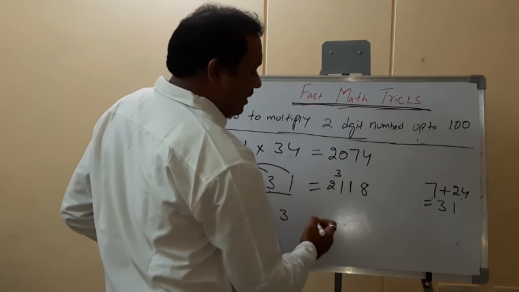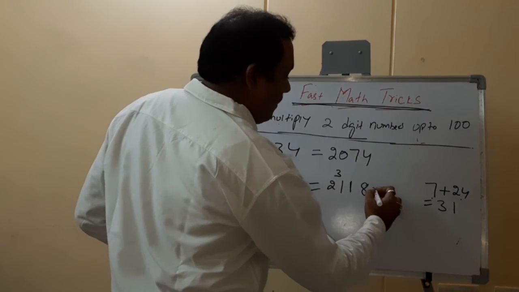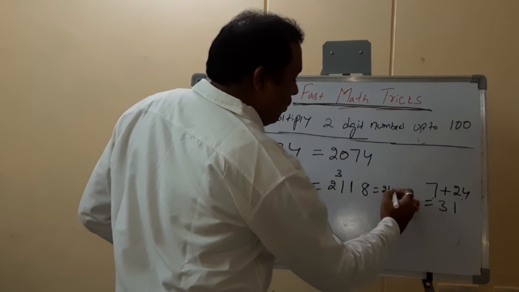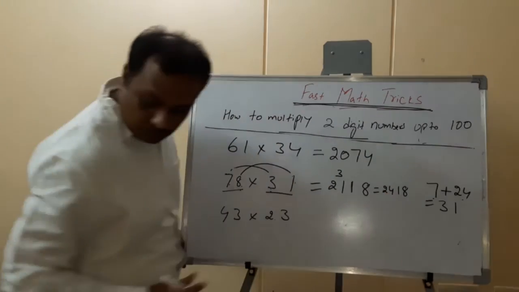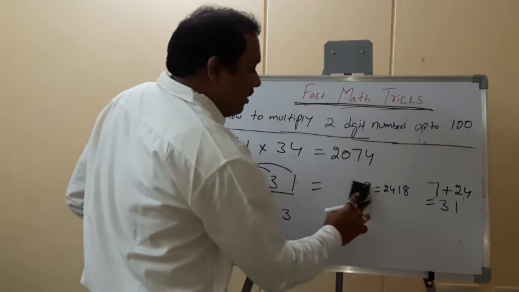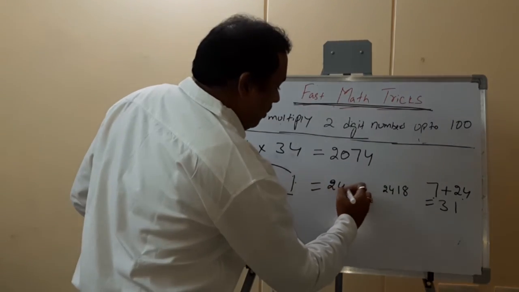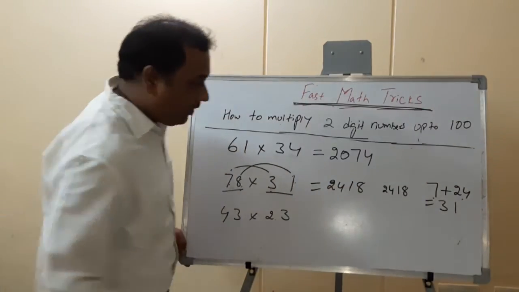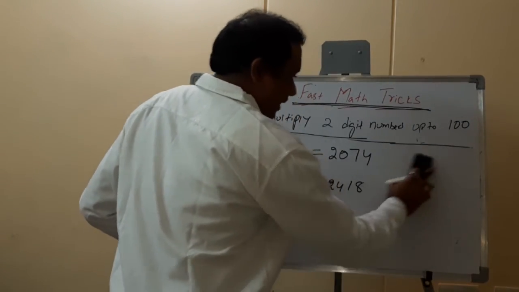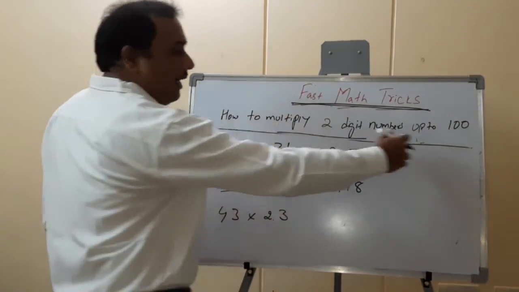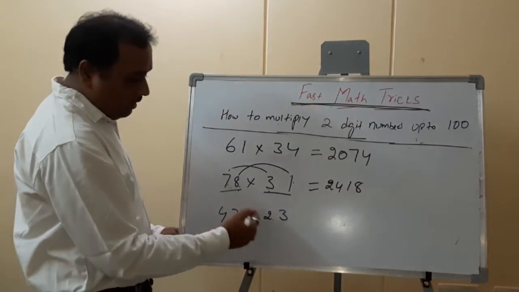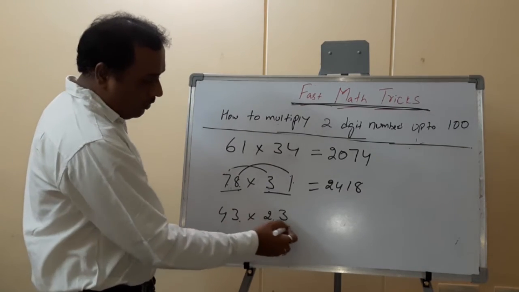So 21 plus 3, it comes to 2418. So you don't need to have this step here. So straightforward. 2, 4, 1. So once you do practice in the method I told, you don't need to write those 2 steps here. So again, now let us do 43 into 23.